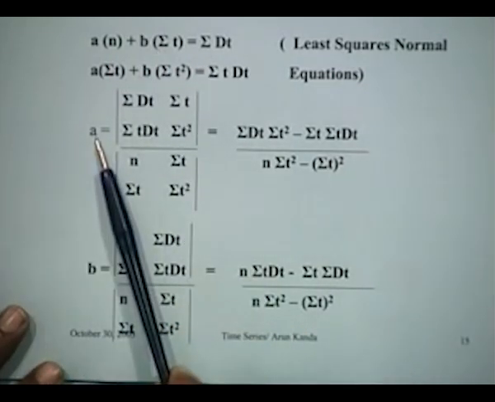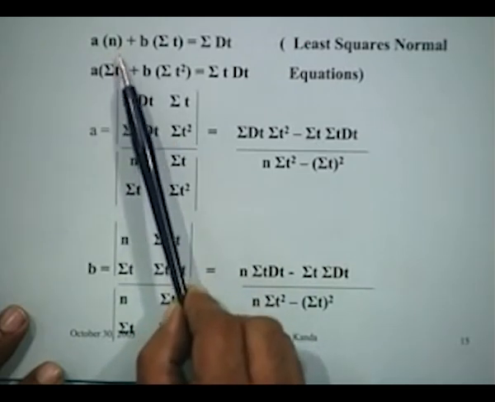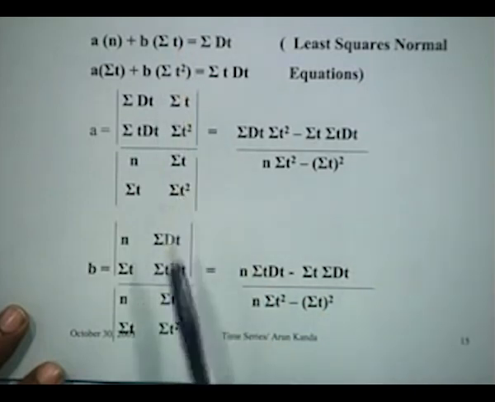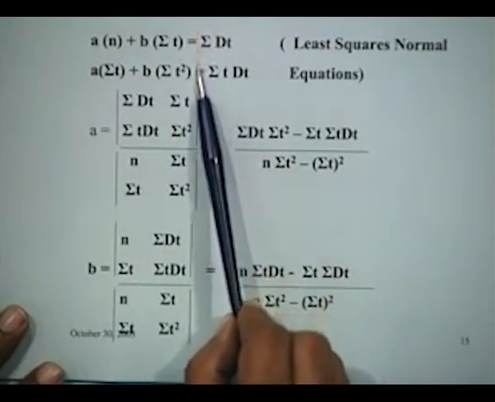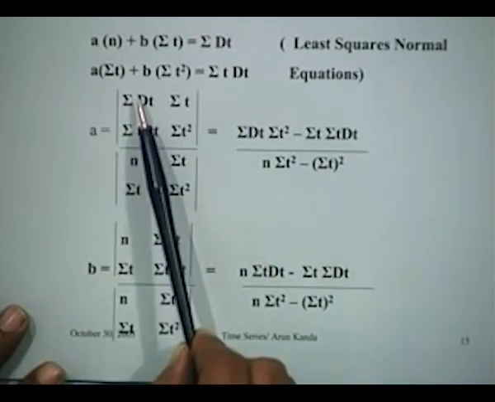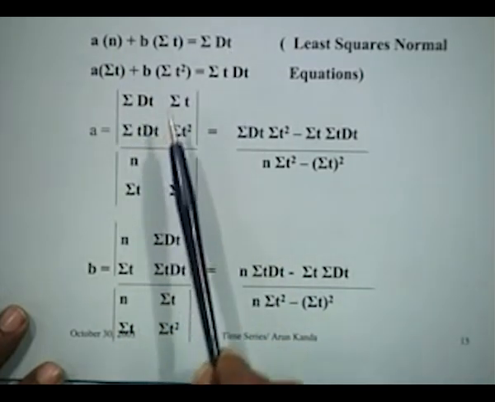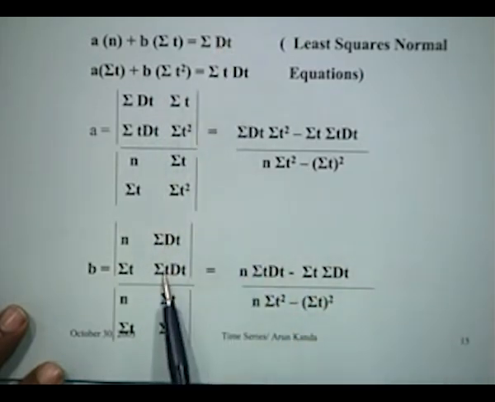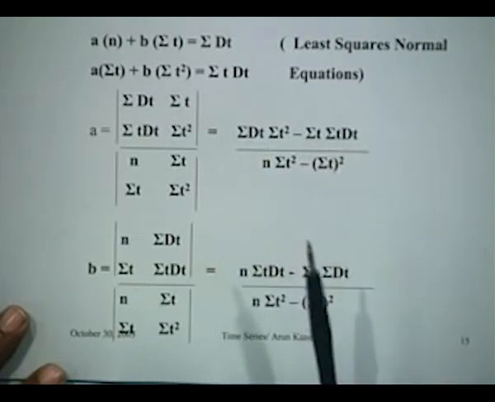So what happens is, if we use Cramer's rule, for instance, in the denominator we will have this determinant n, summation t, summation t square, and this would appear in the values of both a and b. And as far as the numerator is concerned, you will simply substitute this column in this equation. For instance, for a, you substitute summation dt, summation t dt, and similarly for b, you simply substitute this value in the second column here, and you get the values of a and b after a bit of simplification.